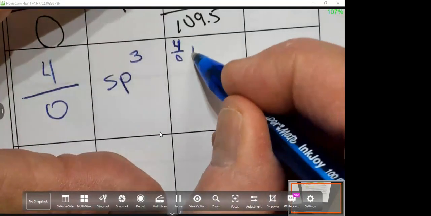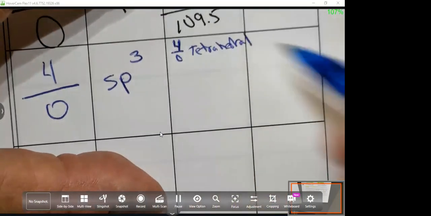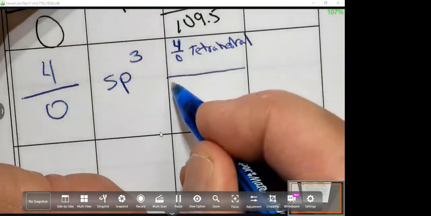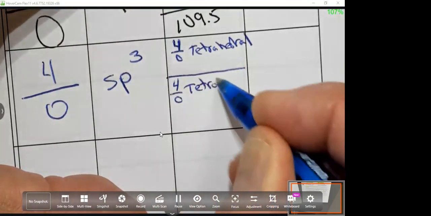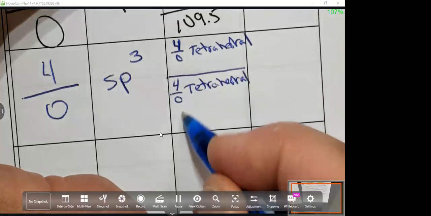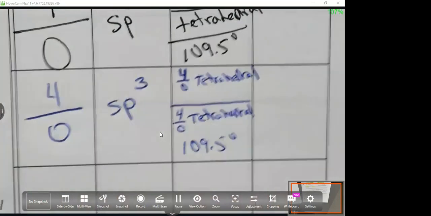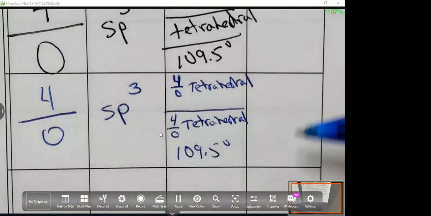So this is tetrahedral. Molecular geometry is 4, 0. That is tetrahedral, 109.5. We'll talk about this last column here coming up.